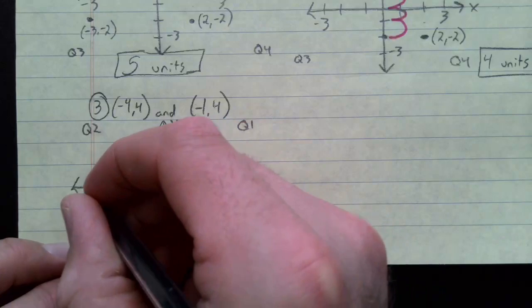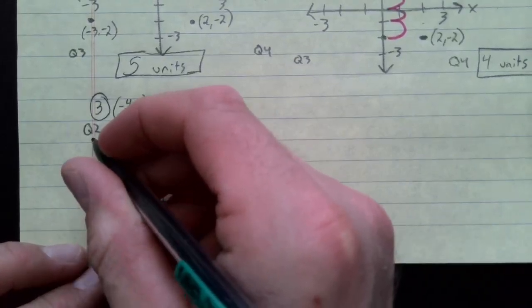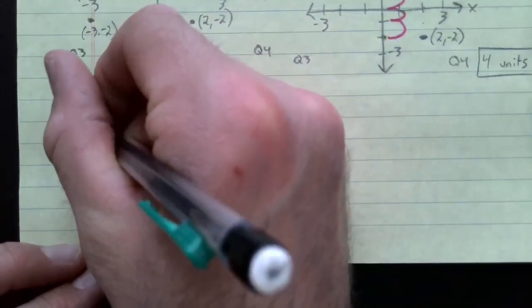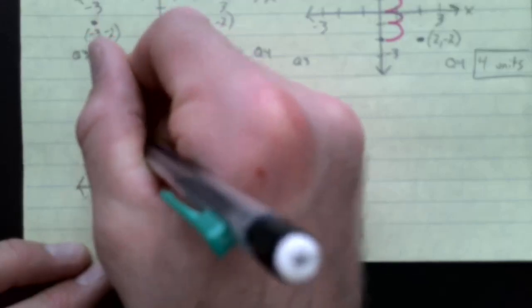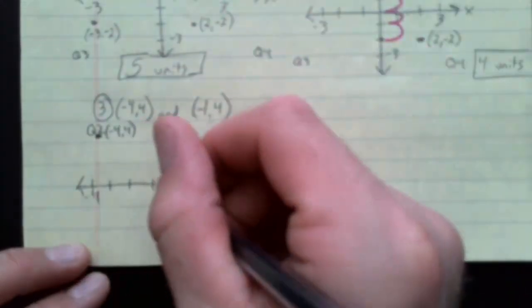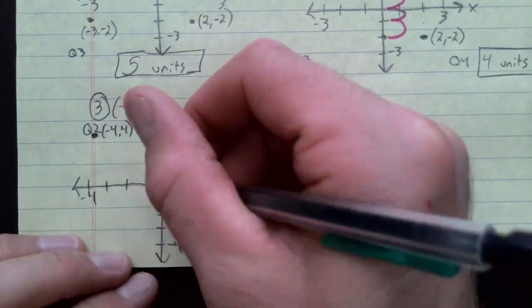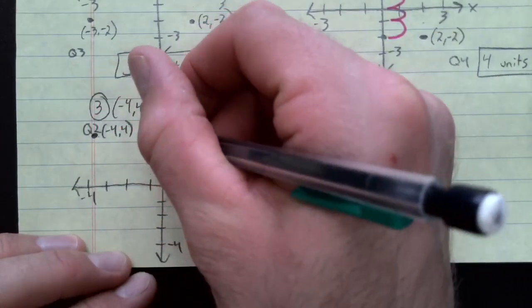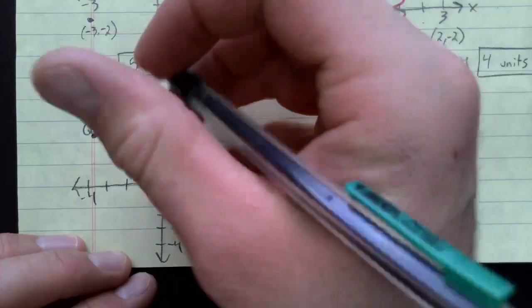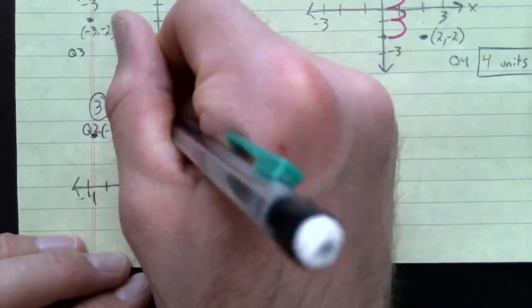And then just go ahead and plot your points. -4, 4. And -1, +4. There's a -1, +4.